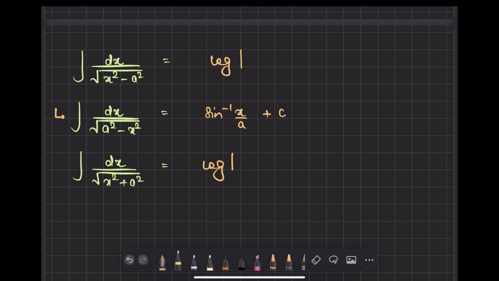So log of x plus root over x square minus a square, or x plus root over x square plus a square. Then put the integration constant. This integration constant is important. Later I will explain how to find the integration constant as well, but for the time being you have to hold command over this.